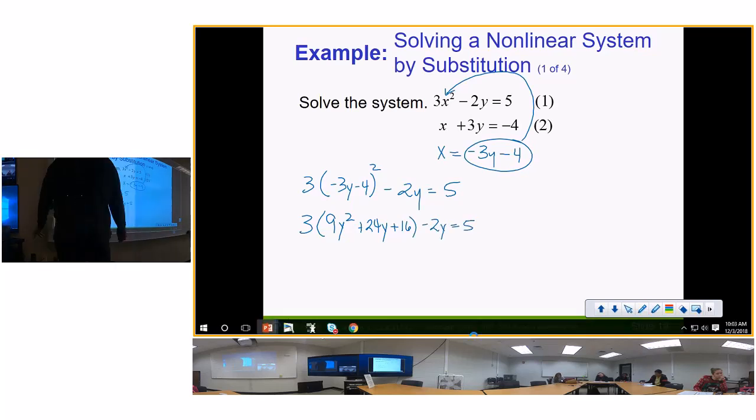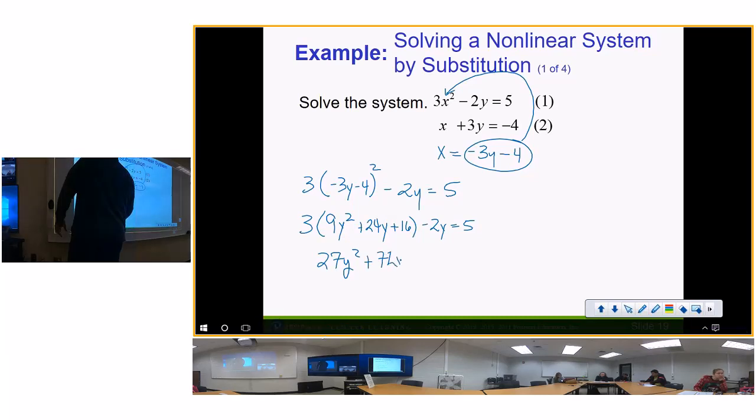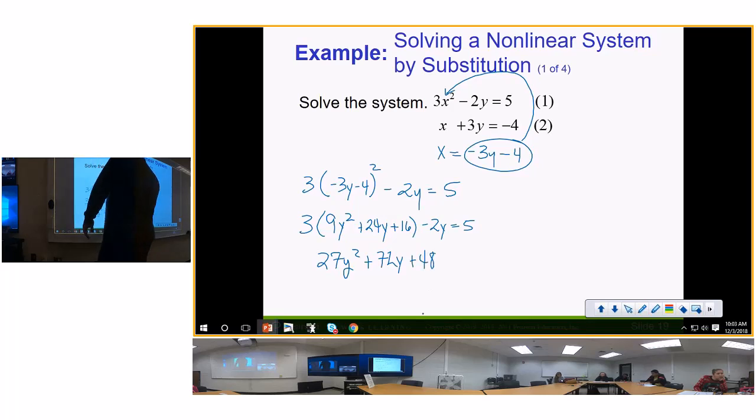Now, of course, if you suck at shortcuts and refuse to learn them, then you don't know what I did there. So 27y squared plus, what is that, 72, help me out, plus 48 minus 2y is equal to 5.